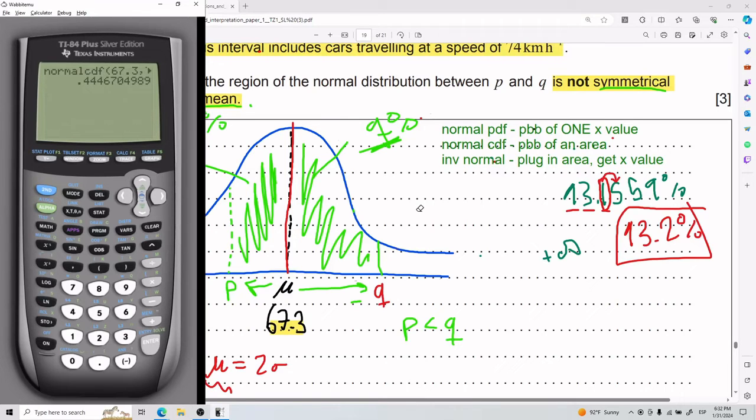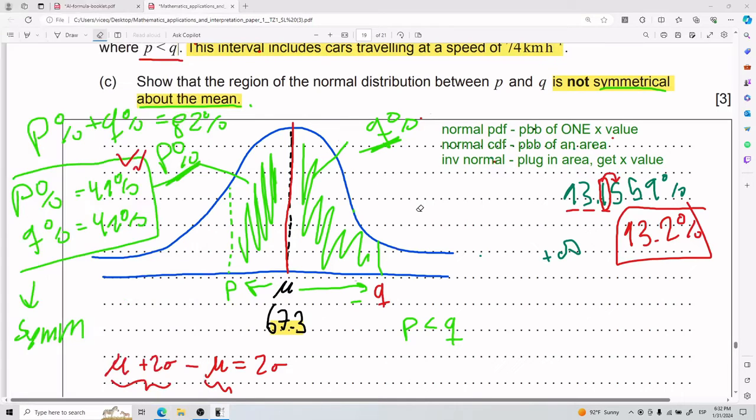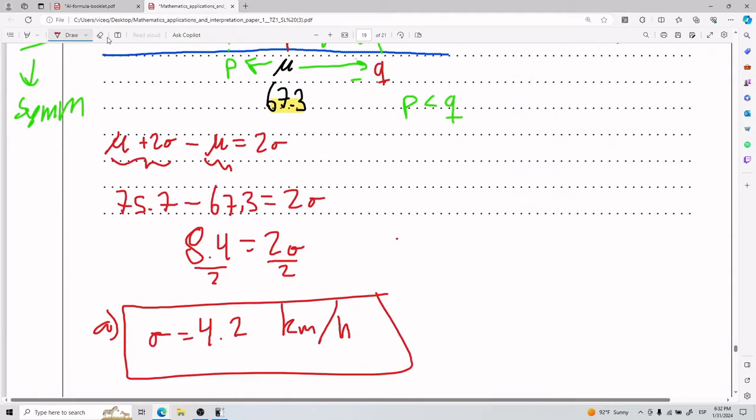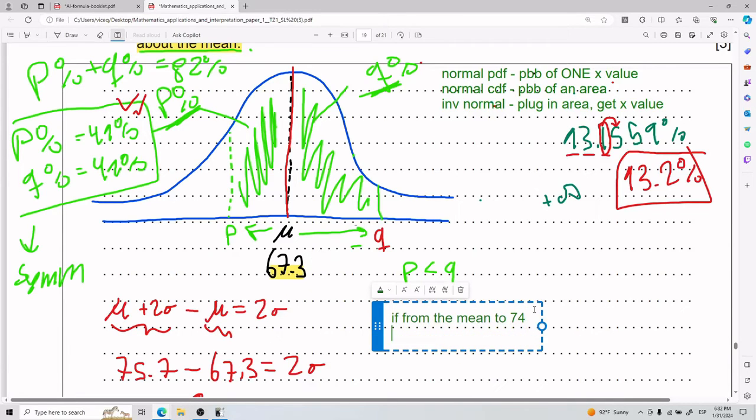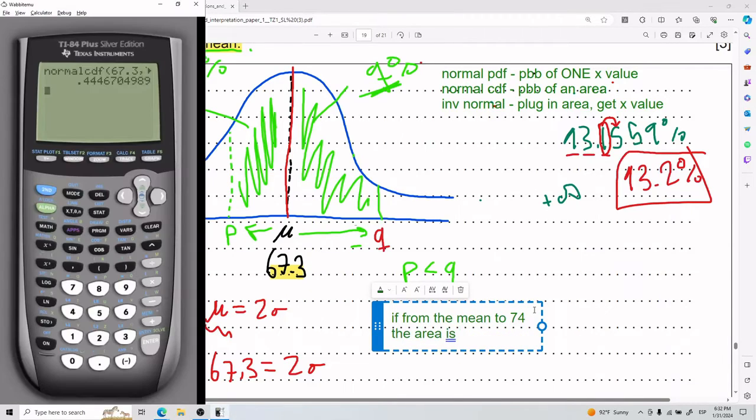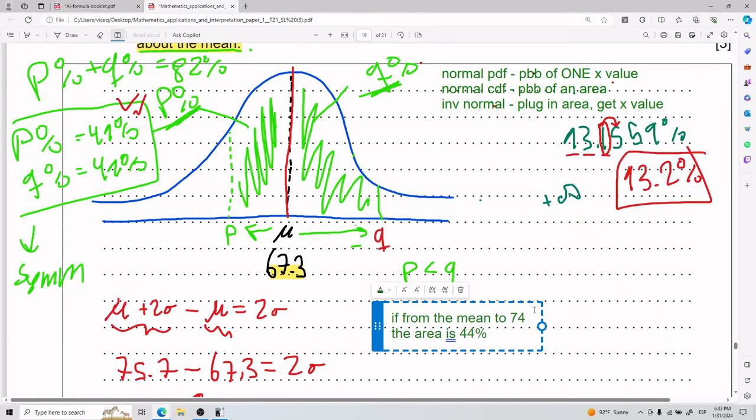And so technically, here's the big idea. If from the mean to 74, the area is 44%, and let's remember the total is 82% from over here, ¿cierto?